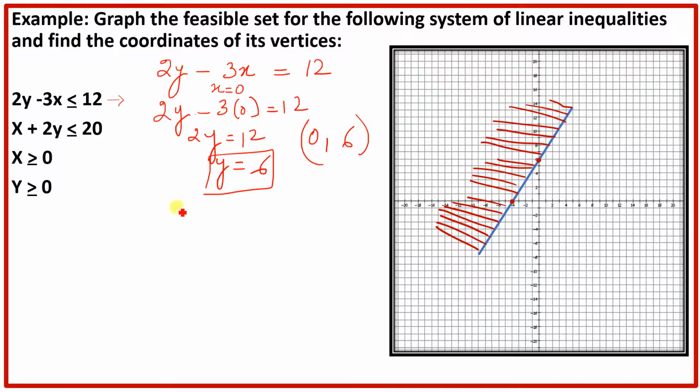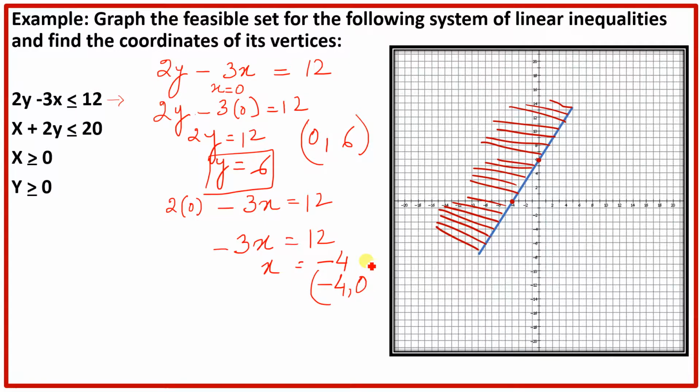It will be 2 times 0 minus 3x equals 12, so negative 3x equals 12, or x equals negative 4. We write the x coordinate first, so it will be negative 4, and y is 0. These are the two solution points: this is the y-intercept and this is the x-intercept.